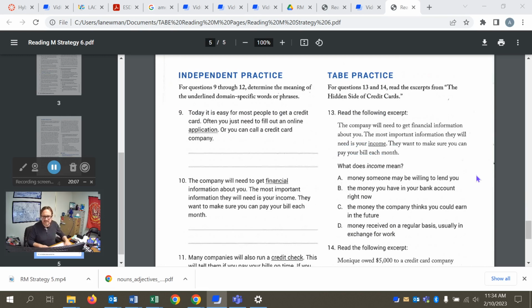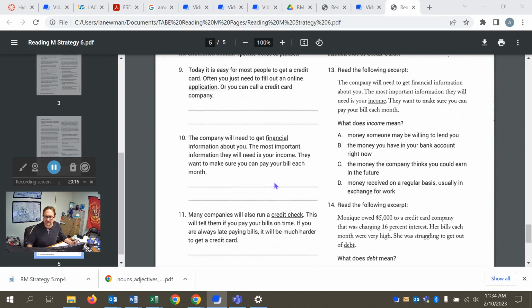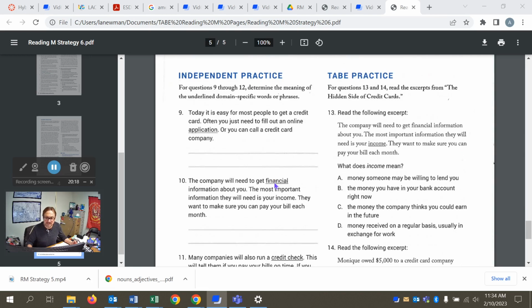Okay, moving on to question 9. In these, we're just supposed to define in our own words some of these domain-specific terms. So number 9, we're looking at the word application. My answer was, informational document for a company to determine credit worthiness.